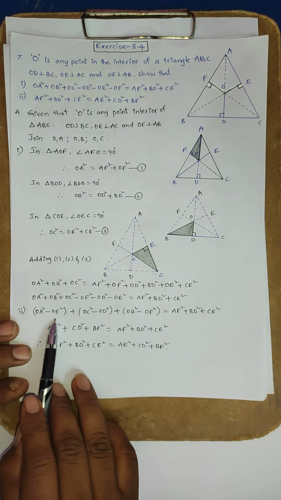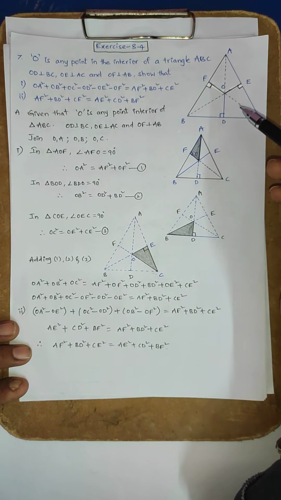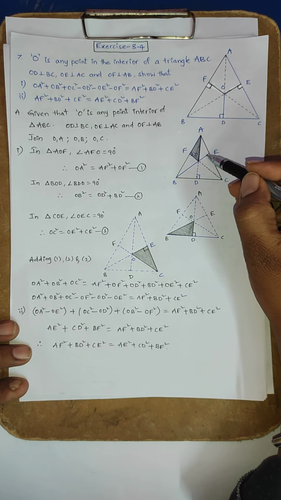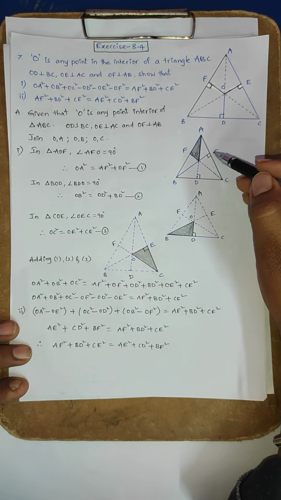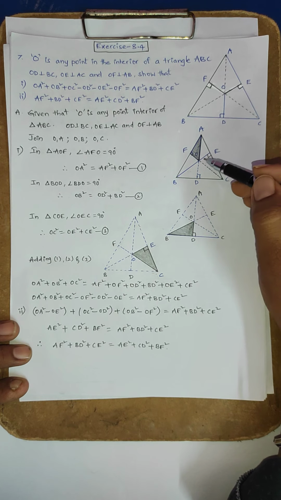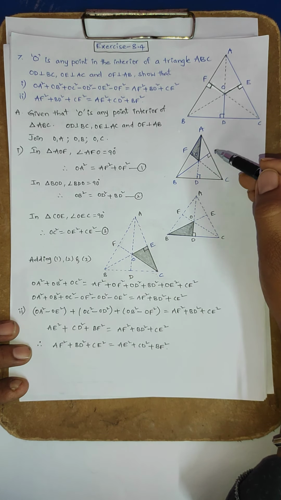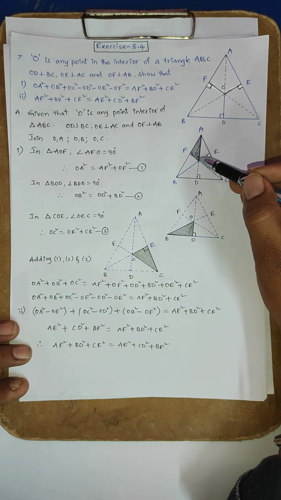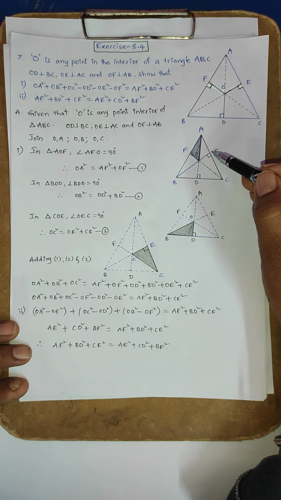Why we arrange this one? Because of AE square. This is a right angle, na. AE square is equal to OA square minus OE square, as per Pythagoras theorem.